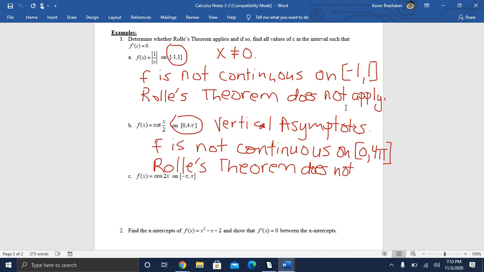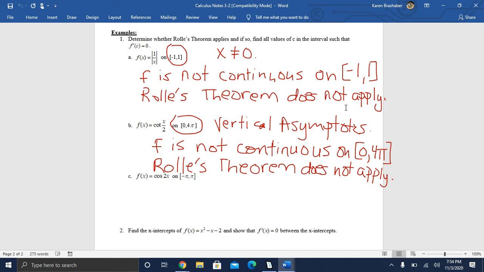So those first two, as I said, are what I would consider to be red flag type graphs. Anything that has an absolute value in it, which might indicate a sharp turn, or a variable in a denominator, which might indicate a lack of continuity, or a trig function that is not sine or cosine, again, a lack of continuity. Those are all types of functions where you might not have Rolle's theorem applying.